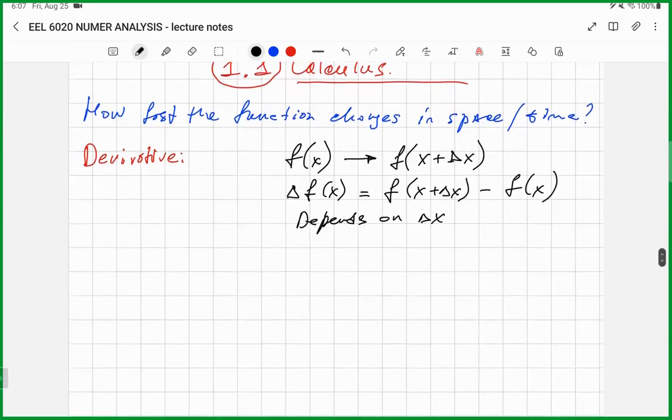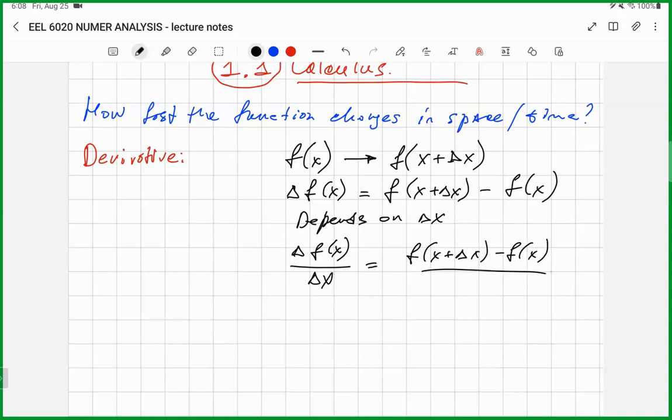And in order to get the thing that doesn't depend on delta x, I simply normalize this change delta f by delta x. So it will be f(x plus delta x) minus f(x), divided by delta x.